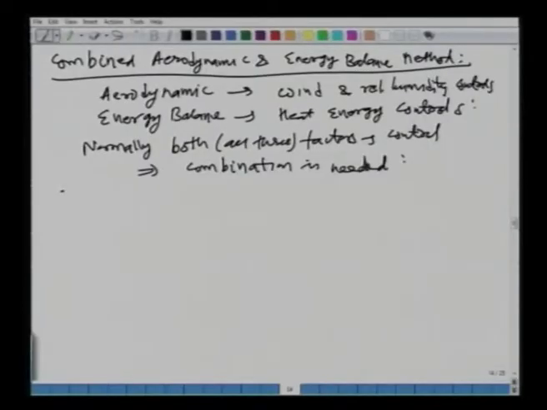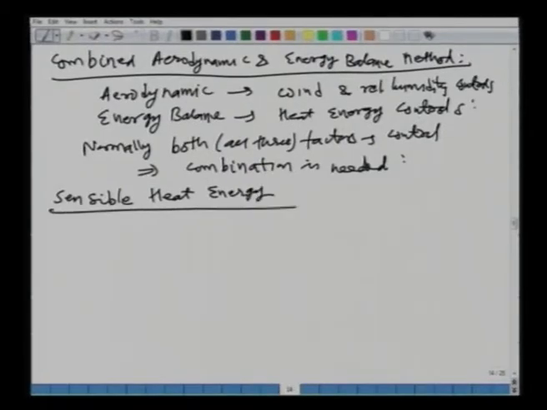Sensible heat energy, which we had neglected while developing the energy balance method. Hs, as I said, is difficult to measure. So, what we will do is we will account for this Hs indirectly.